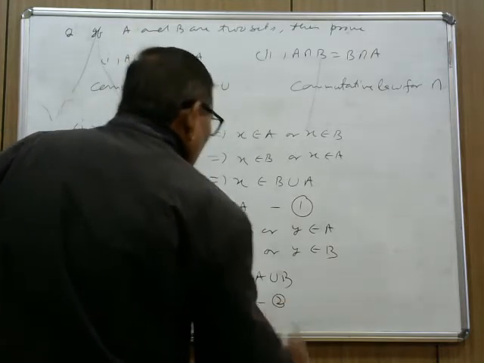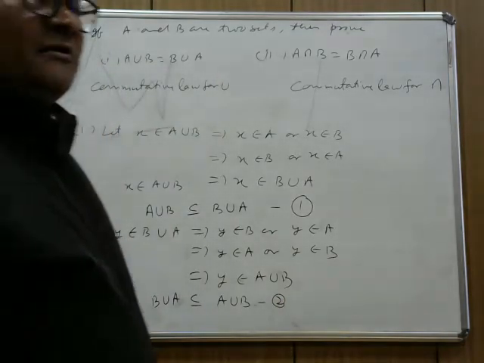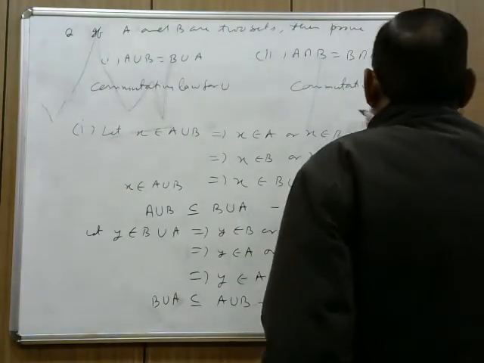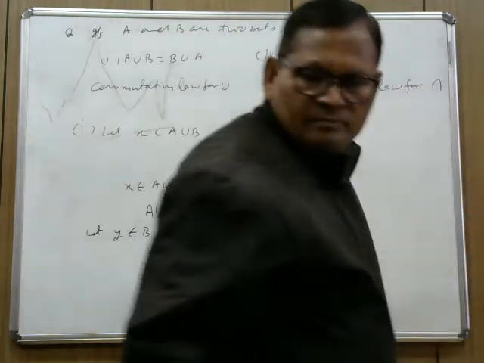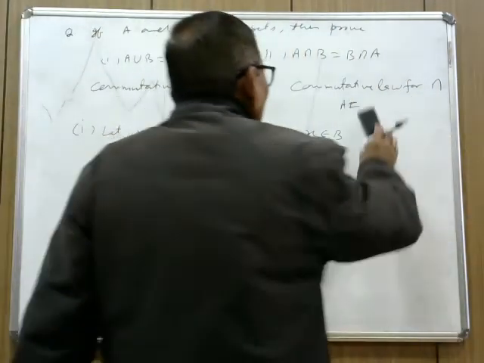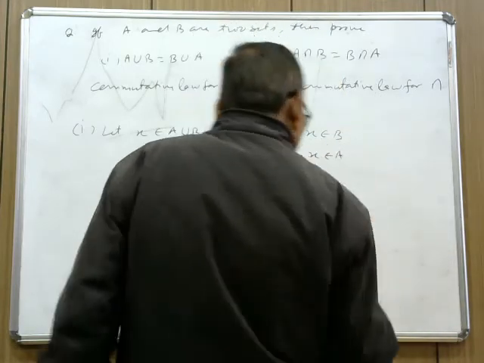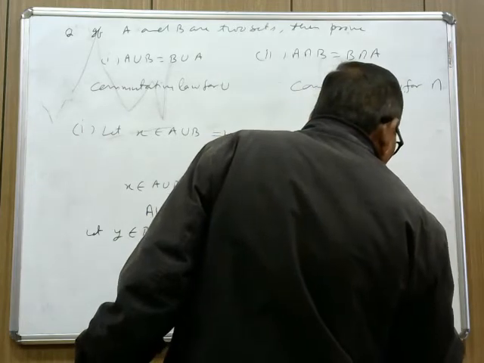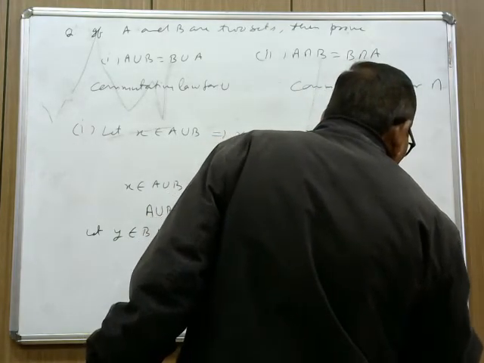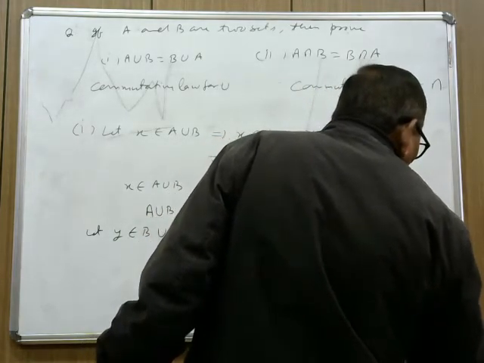This is 2. As you know that two sets A and B are said to be equal if A is a subset of B and B is a subset of A both.